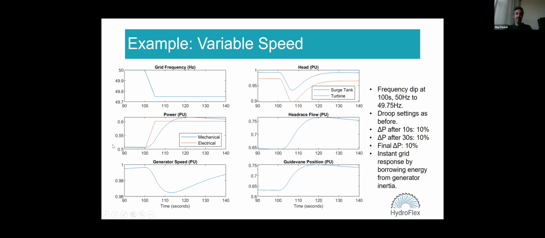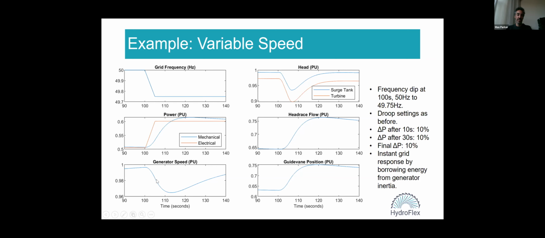And what you can see is electrical power goes up instantly as the frequency changes, and the general response from the hydraulic system is fairly similar, but what you are in effect doing is allowing for a very fast response by borrowing power, or borrowing energy, out of the generator inertia.